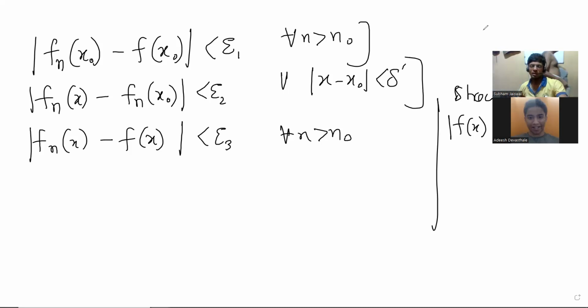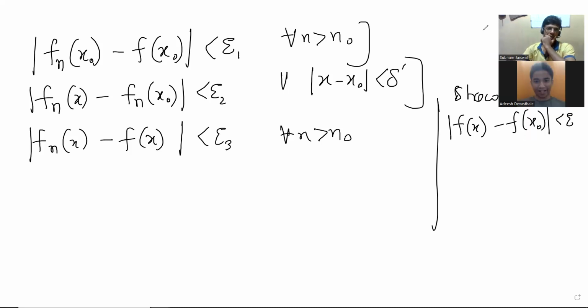F of x, f of x naught. Right. So when we add the second and third inequality. Okay, add the second and third inequality.